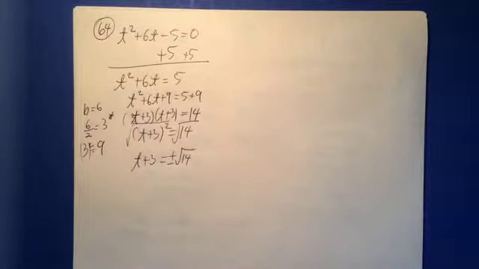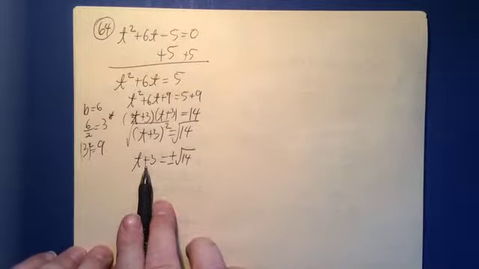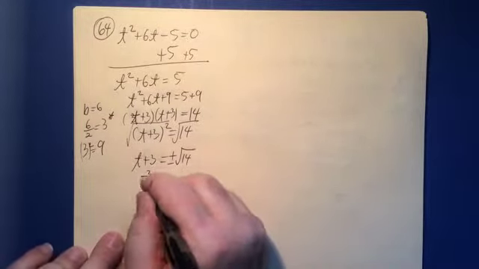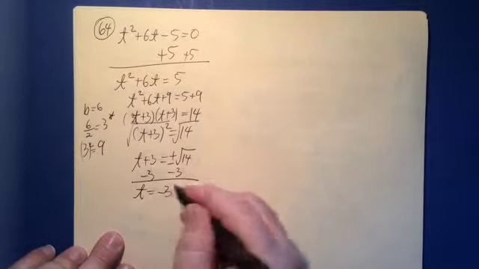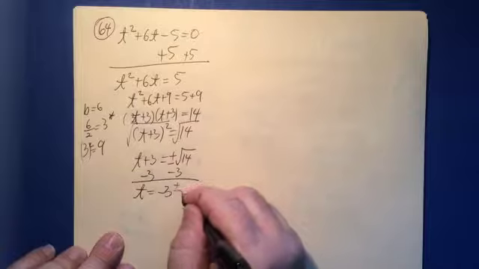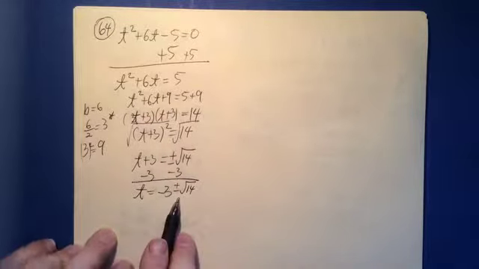So you'll notice here that we're getting something that doesn't simplify too nicely. We did get an imaginary number on one or two of our problems that we did in earlier videos. So at this point, I want to solve for the value of t. I'm going to subtract 3 from both sides. So the value of t is going to be equal to negative 3 plus or minus radical 14. So this is one way to write the solution.